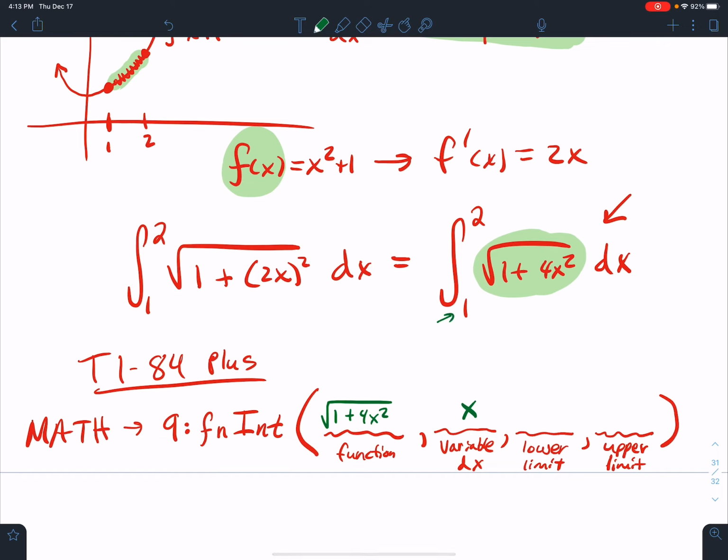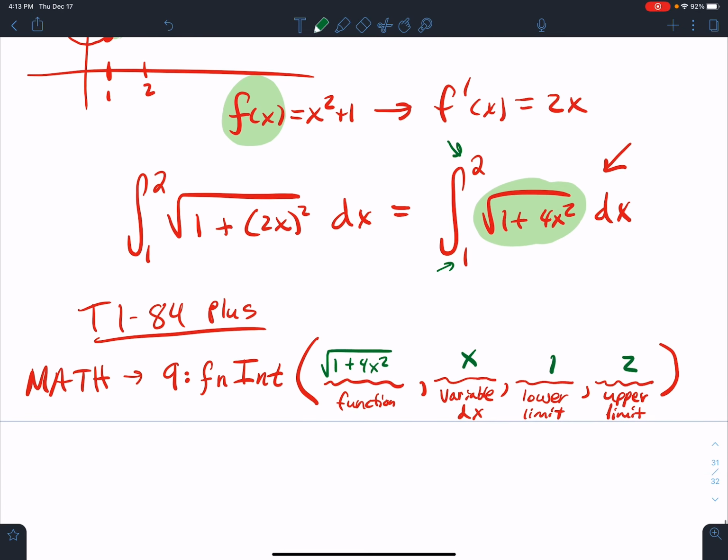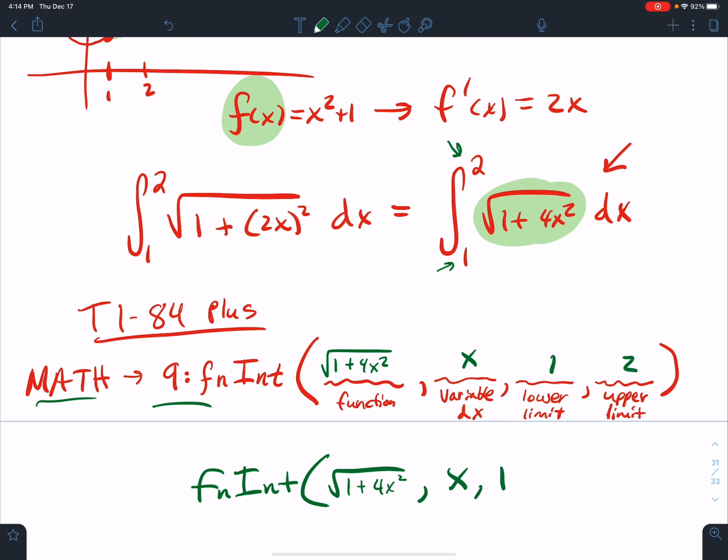The lower limit is 1, and the upper limit is 2. So in your calculator, you do math 9, and then it'll have this FN int and a parentheses, and you type in the square root button, 1 plus 4x squared, comma, x, comma, 1, comma, 2, close parentheses.